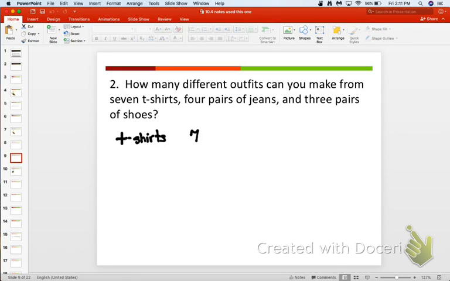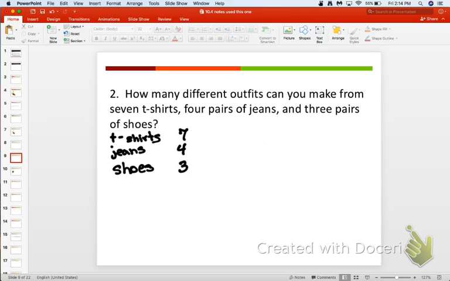Now I have jeans, and I've got 4 pairs of jeans. Then I have shoes, and I've got 3 pairs of those. So now I go 7 times 4 times 3, and what we get is 84 possible outcomes for outfits out of just that little bit of clothing.